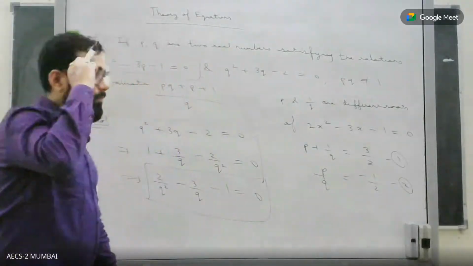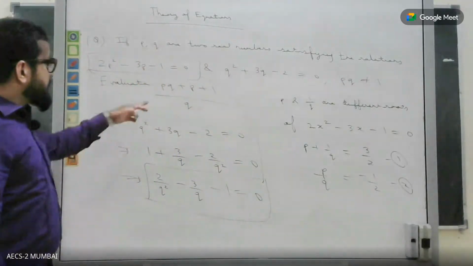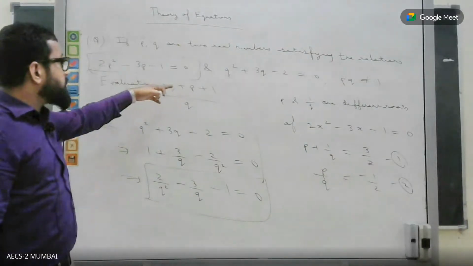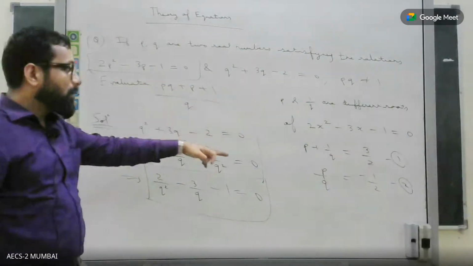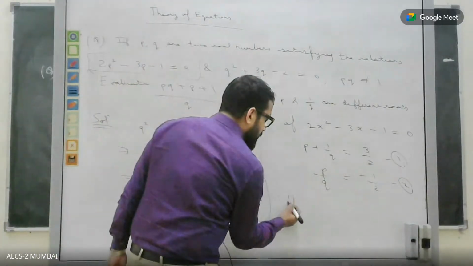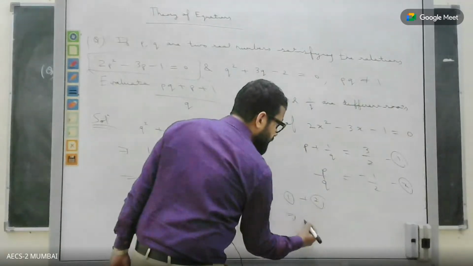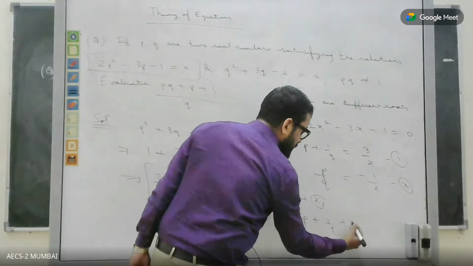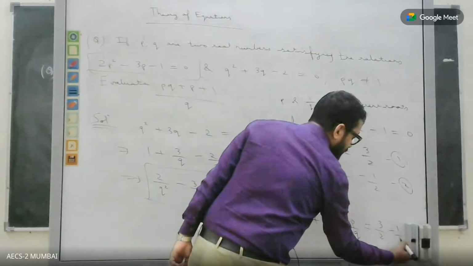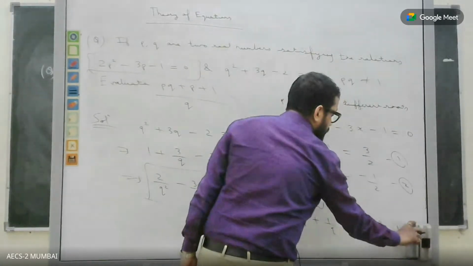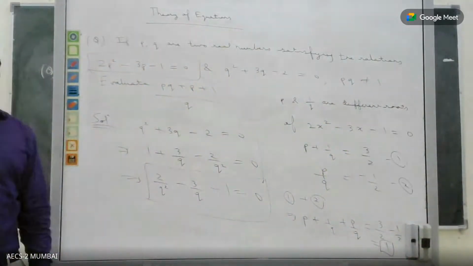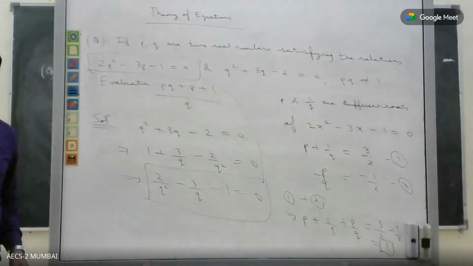We need this, na? It is nothing but P by Q plus P by Q plus 1 by Q, right? Adding them will get the result, right? Add them. 1 plus 2 will give you. So the required answer is 1.